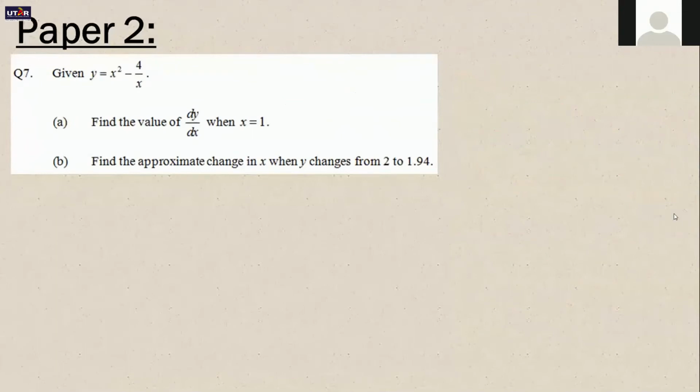Question 7, read the question carefully. We are going to first find dy over dx when x is equal to 1. So what is the function y? We have x squared minus 4 over x.